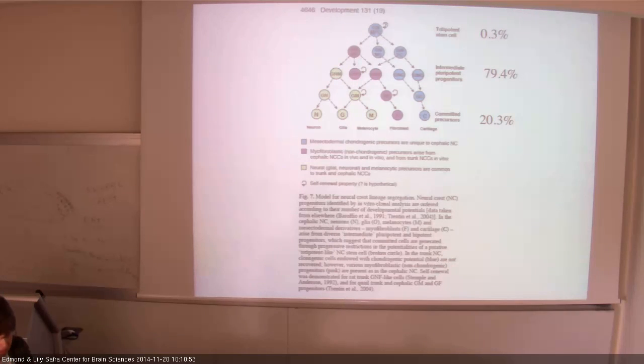Now, I must say that this experiment had later on a twist. This was performed by Le Douarin and had later on a twist by somebody in Oregon, another father of the field called James Weston. And what he did is something more clever. He took crest cells, he took the tube, put it in a dish, and let the entire population of crest cells emigrate.